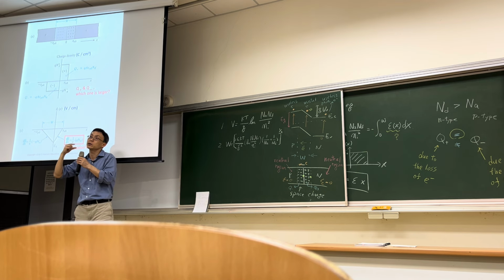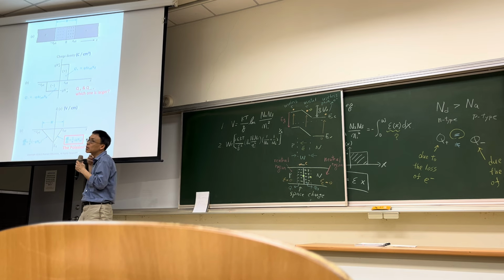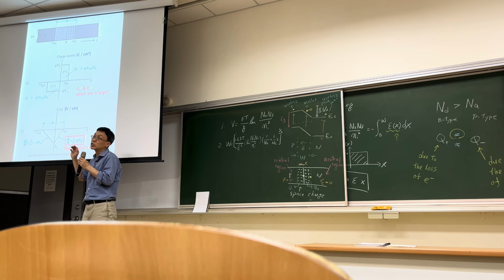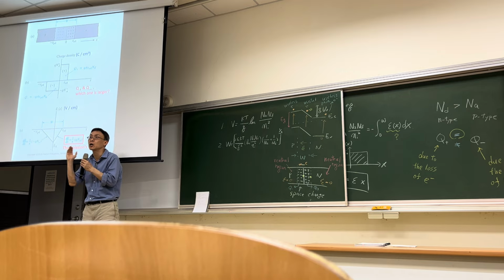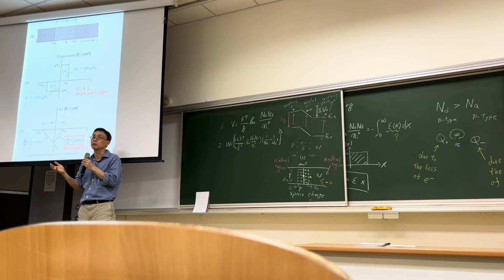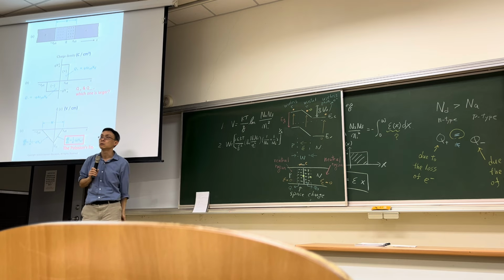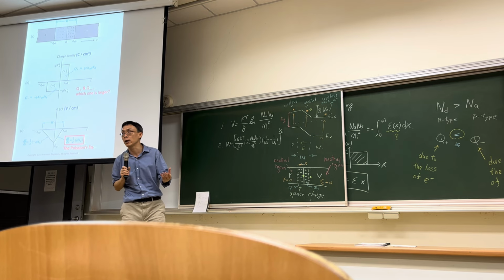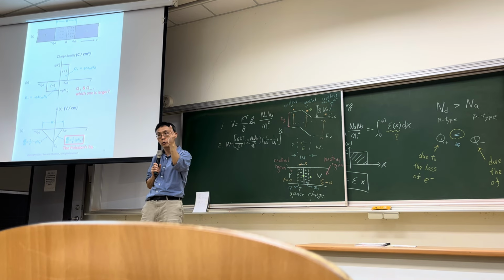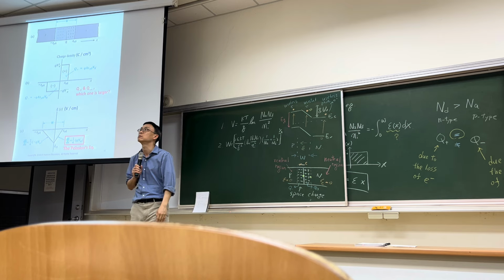So if the doping is a constant, the slope is a constant. If the doping is not a constant, the slope is not a constant, which will make the calculation ugly, right? Because it's not a simple calculation for the triangle area. You need to do integration little by little.